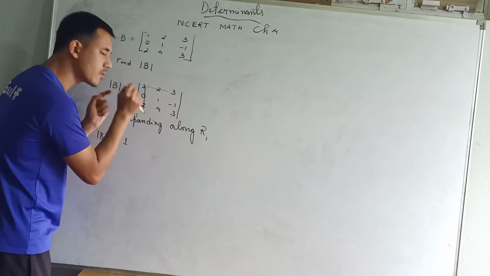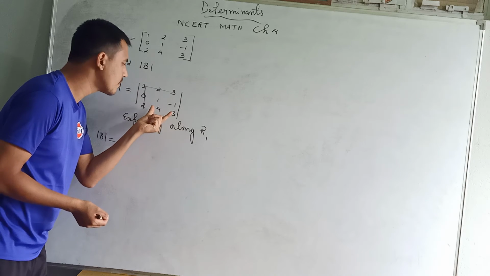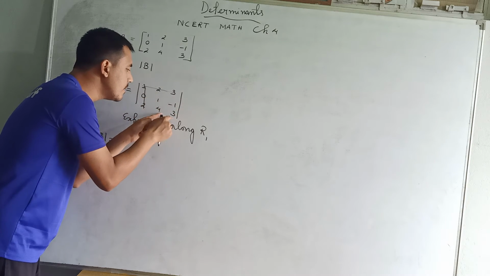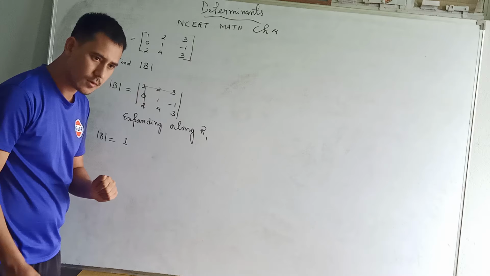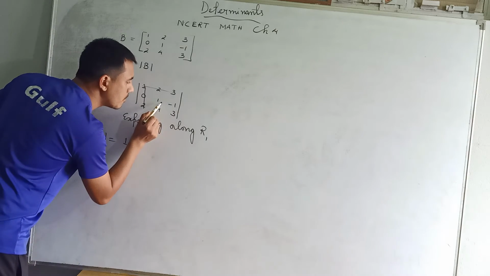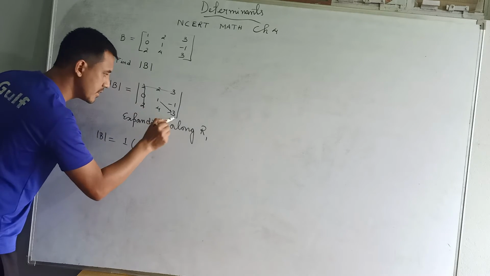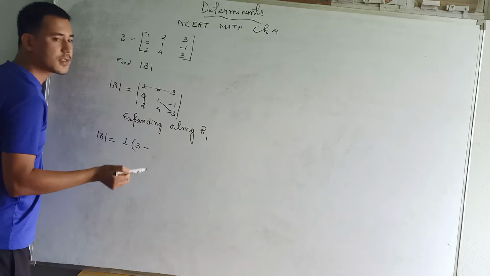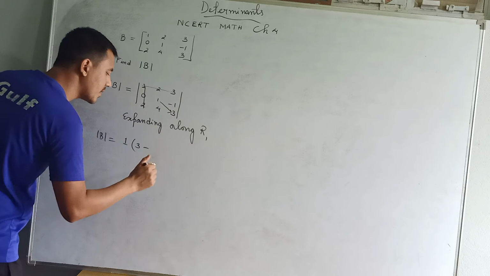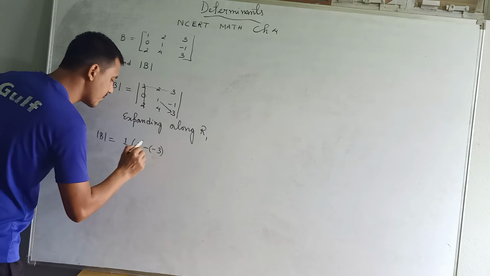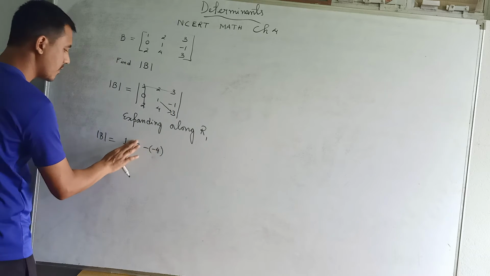You will neglect those row and column, and you will cross multiply the remaining elements as you did in a 2 cross 2 determinant. That means I multiply the remaining elements diagonally: 1 times 3 is 3. Minus multiply the anti-diagonal elements: 4 times minus 1 is minus 4.